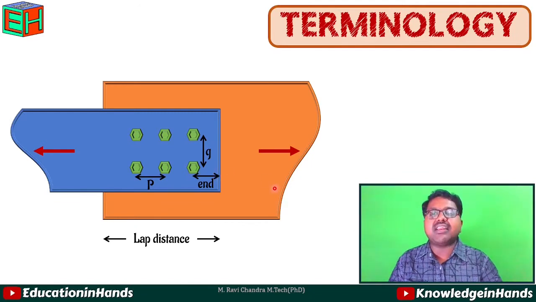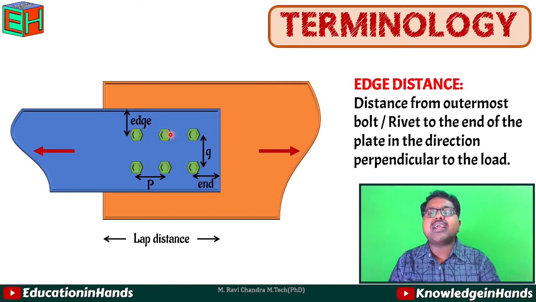Whereas the other one is edge distance. Edge distance is the distance from the outermost bolt or rivet to the end of the plate in the direction perpendicular to the load. So this is the edge distance.